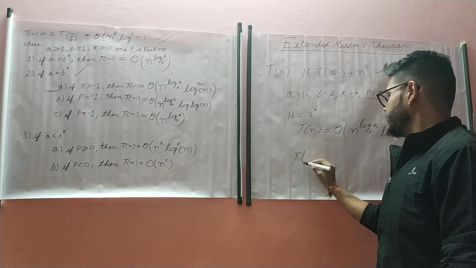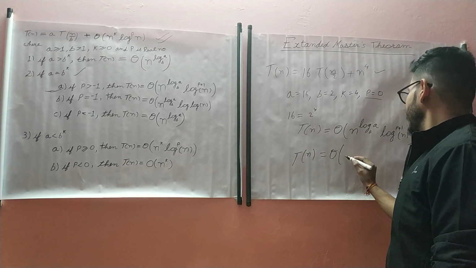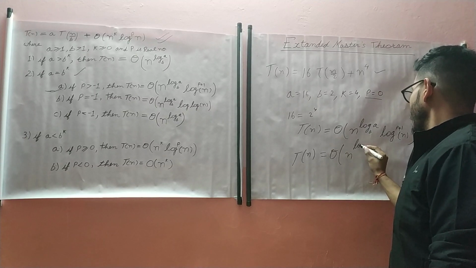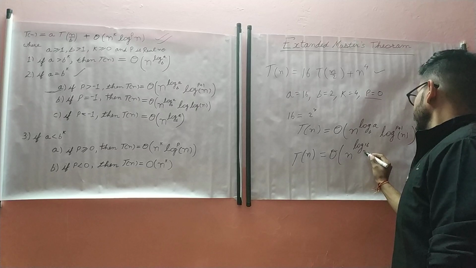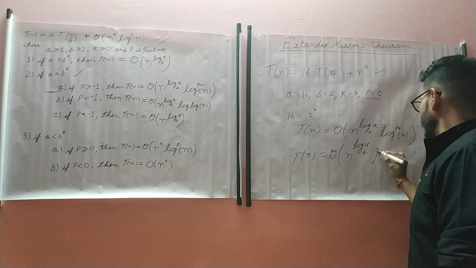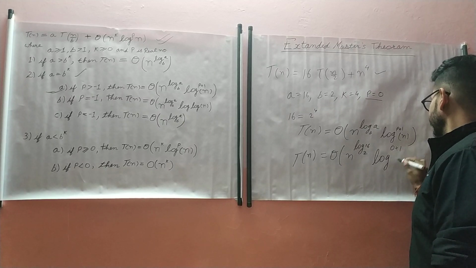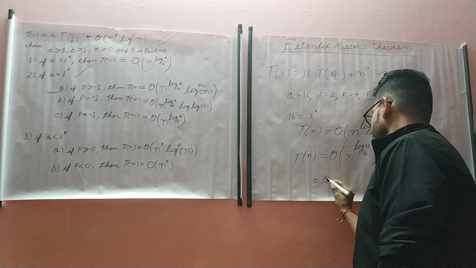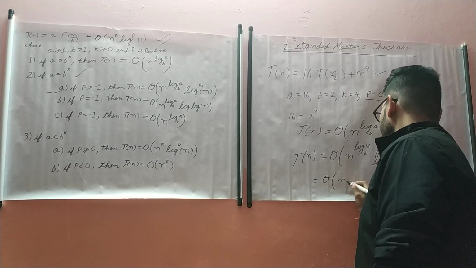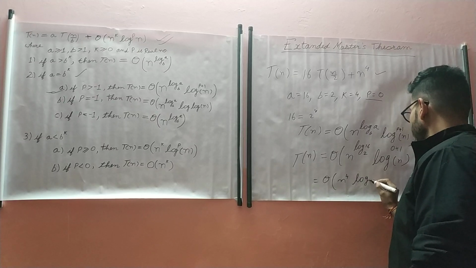We get T(n) = theta of n^(log_2 16) log^(0+1) n. So we get theta of n^4 log n.